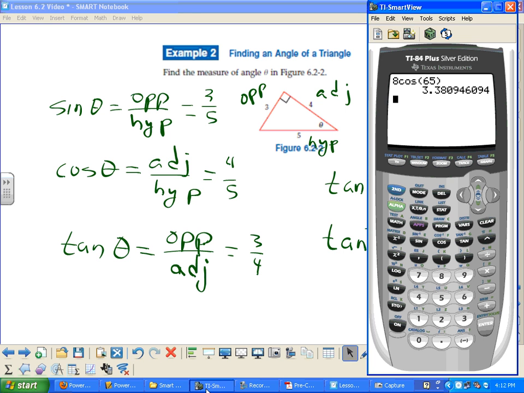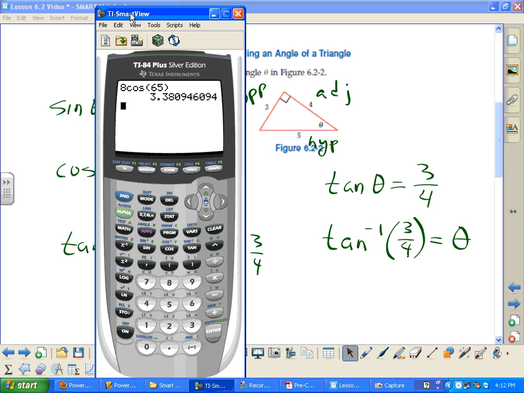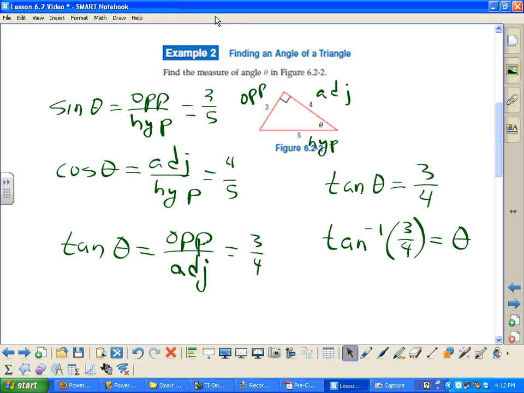So we take our calculator here, and I do second tangent of 3 divided by 4, close my parenthesis, and we get 36.87 degrees. So theta is approximately 36.87 degrees.